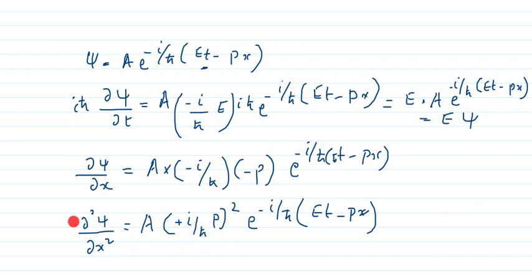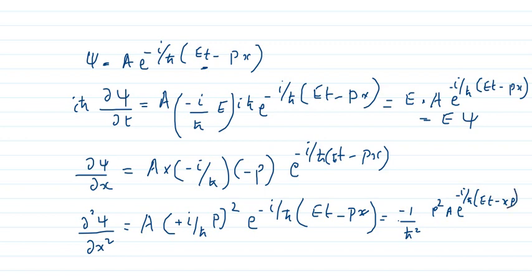So this is equal to minus 1 by h cut square p square A e raised to minus i by h cut (Et minus px).